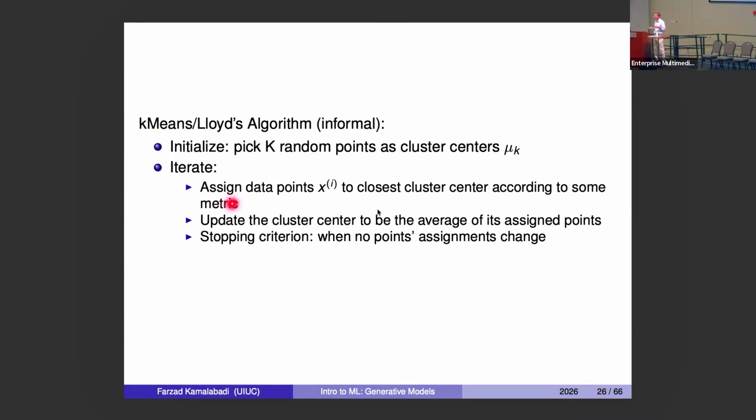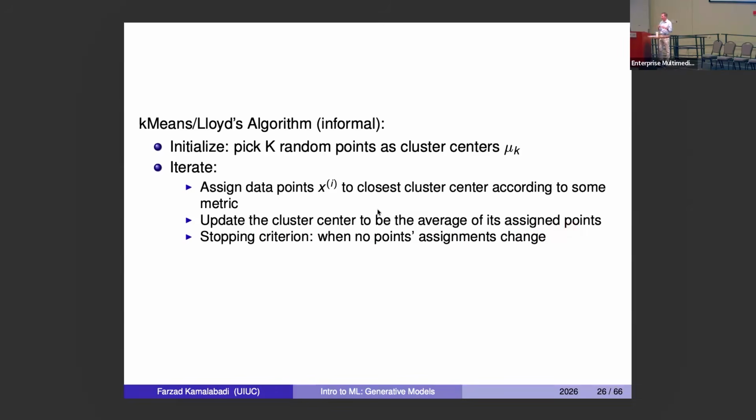Then I go through some iterations. Assign data points x_i to the closest cluster center according to some metric, let's say Euclidean distance. For each data point, I have two cluster centers. I compare it with this center and the next center, and whichever is shorter, I say that it belongs to that cluster. Very simple. Then update the cluster centers to be the average of their assigned points.